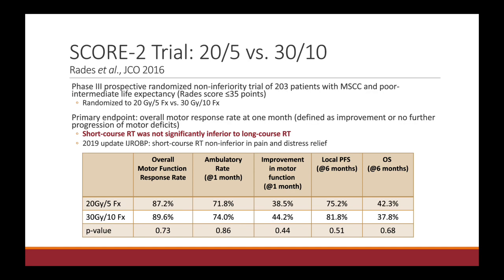So already from these prior trials, we knew that short course radiation provides equivalent symptom control and motor response, but now with the SCORE 2 trial, we actually have level 1 evidence that 20 and 5 is non-inferior to 30 and 10 in terms of these symptomatic endpoints.